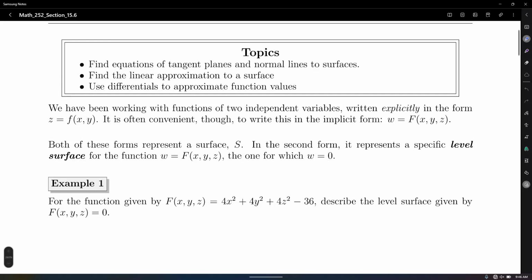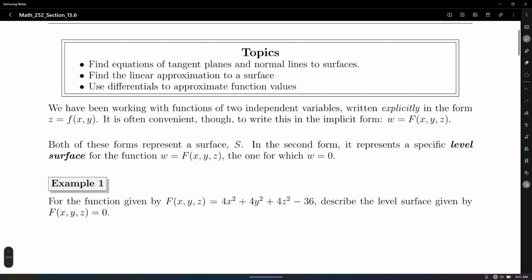If we try to set z as our dependent variable and solve for z, you're going to get plus or minus the radical. So we can't get z explicitly as one function, but rather we get two of them. Still, we need to keep working on finding these implicit functions.